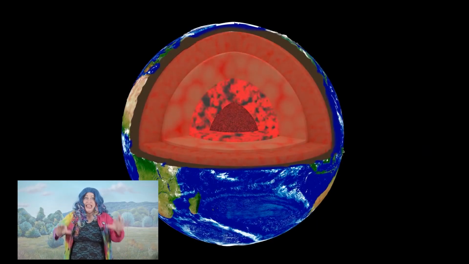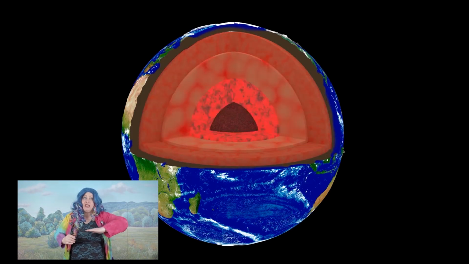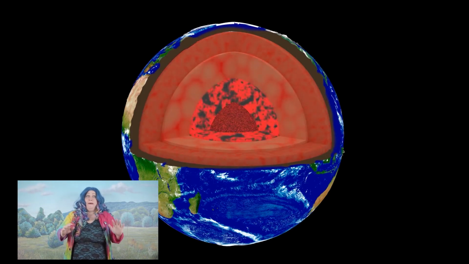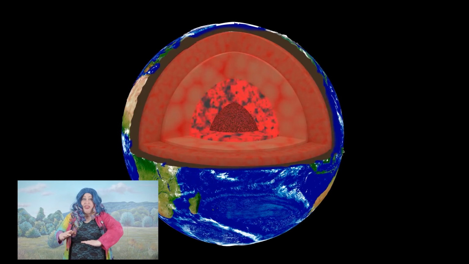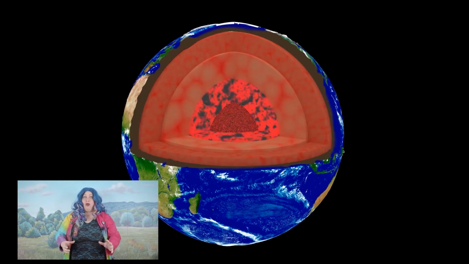The ground is the first layer, and it's called the crust. It is very solid and made mostly of rocks. And then beneath that, there is a hot, gooey layer called the mantle. And then below that, there is a super hot liquid layer called the outer core.